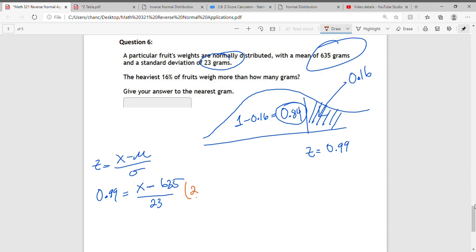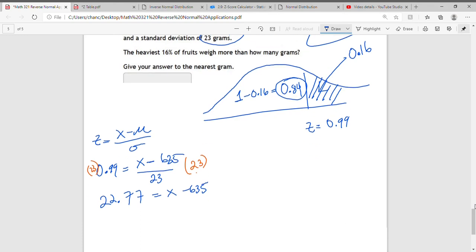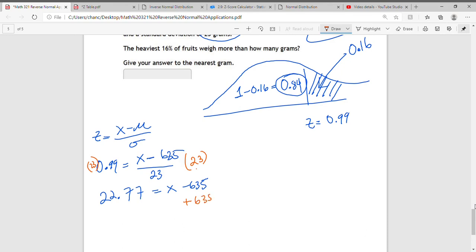Let's multiply both sides by 23. 23 times 0.99 is 22.77, and that's equal to x minus 635. Let's add 635 to both sides.